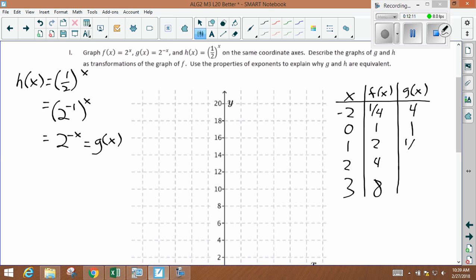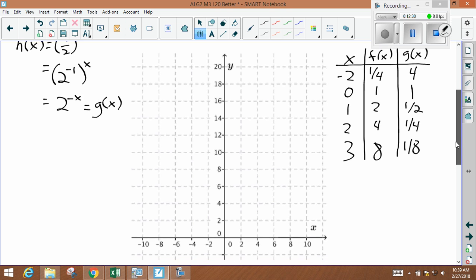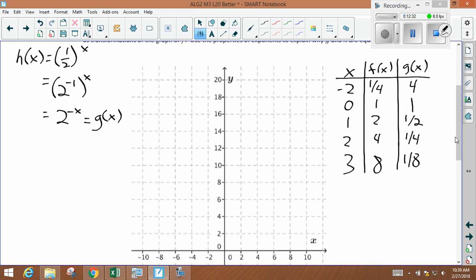I wind up with 1/2 there, right? 2 to the negative 1 power is 1/2. When I plug in a 2, I wind up with 2 to the negative 2 power, which we determined was 1/4, and then this becomes 1/8. So I keep getting closer and closer to 0, yeah? Well, let's go ahead and graph each of those.